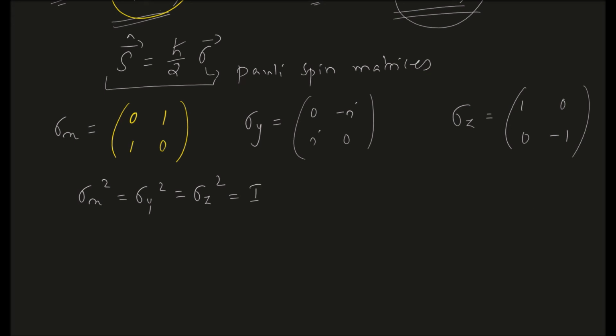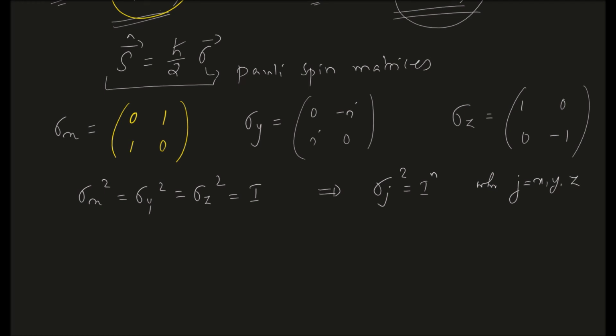You can verify it yourself. Take the square of any one of these matrices, you will get an identity matrix. So you can write in general that sigma j square is equal to I, where j stands for x, y or z.